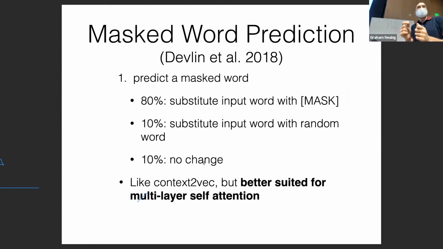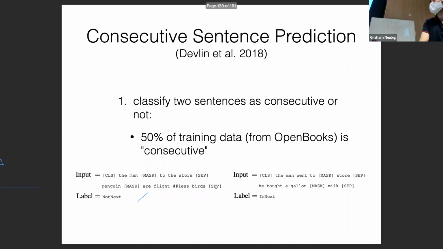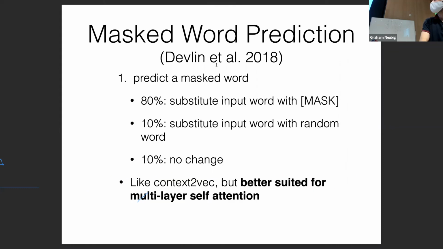But if you just mask out the input, the right side of the word and the left side of the word can interact with each other through all of the layers of the transformer model. And that makes it both more effective at encoding the surrounding context and easier to implement, because all you have to do is flip the input, and pass it all the way through, all the way to the top. So that's the masked word prediction or masked language modeling objective.